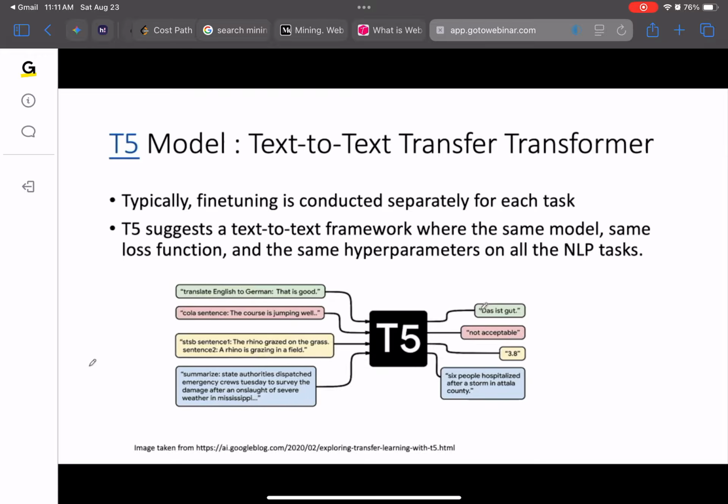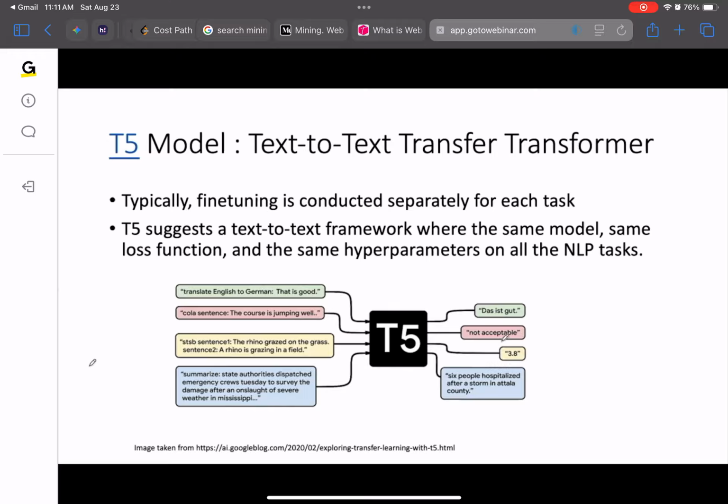To achieve this, they propose a formulation where we have the same loss function and same hyperparameters for every task. The way they do that is, both the input and the output are treated as strings. Let's say we have a use case where the output needs to be a real number.